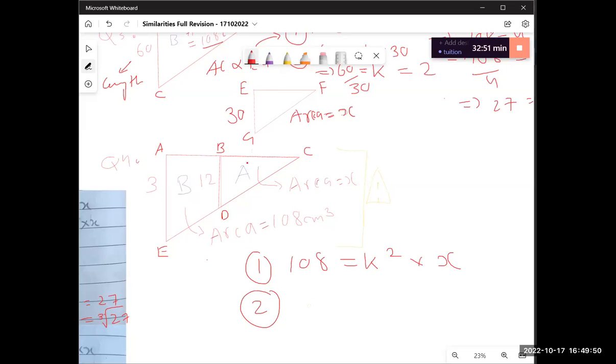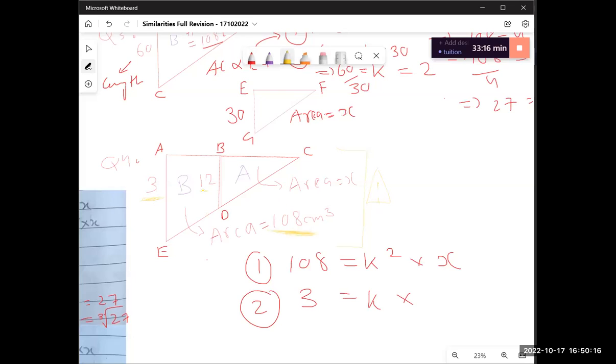So 12, okay, 12. So K into 3. But there's one problem. That 3 will come here. Why is that? Because 3 is the length of the bigger shape.